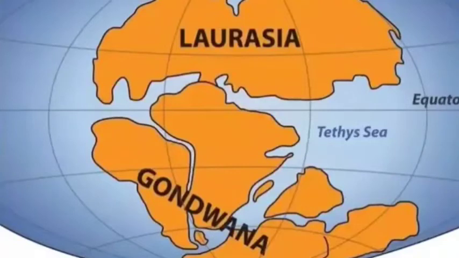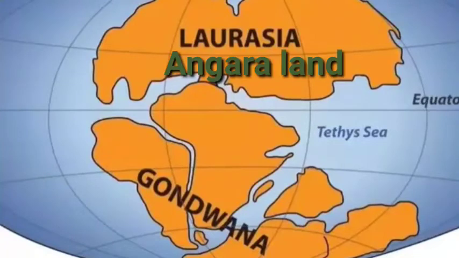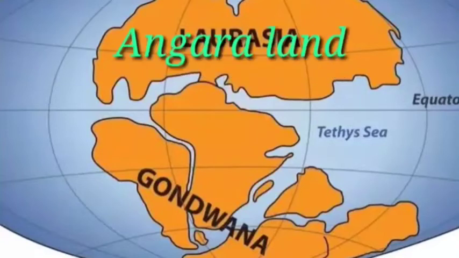In north side, the north part is known as Angara land, south part is known as Gondwana land. Angara land is also known as Eurasian land or Eurasian plate.